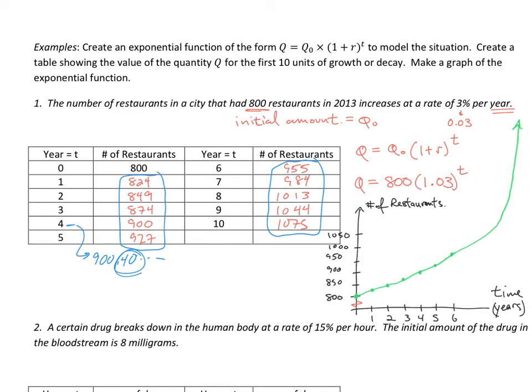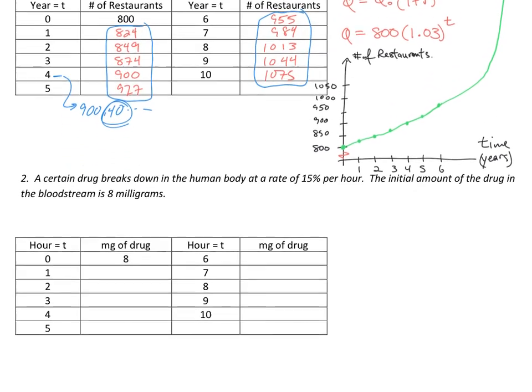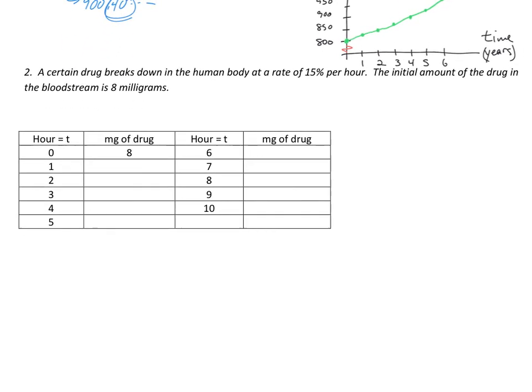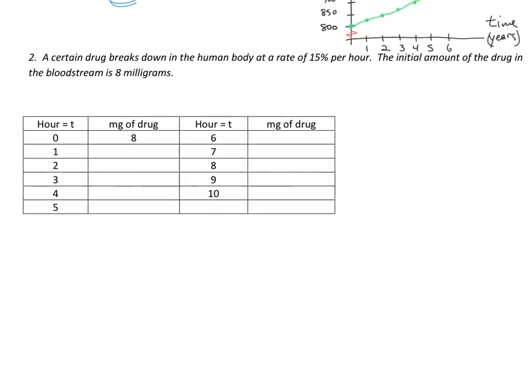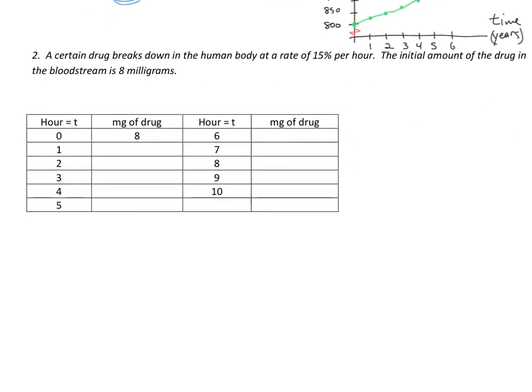Oh good, looks like example 2, we get to talk about more drugs. Luckily, they are legal drugs in all of our scenarios. So a certain drug breaks down in the human body at a rate of 15% per hour. The initial amount of the drug in the bloodstream is 8 milligrams.